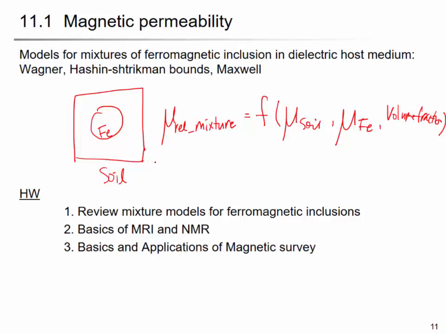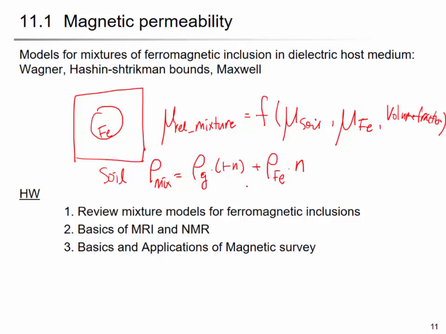And for example, let's think about the density. Density is what? Rho grain times 1 minus porosity plus rho fluid times porosity. Right?